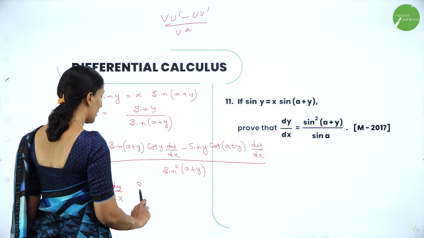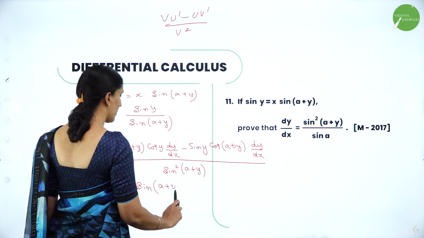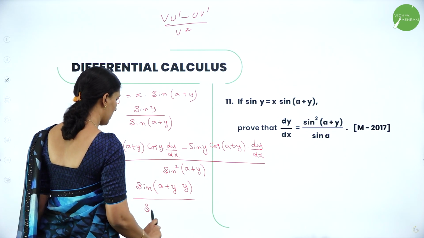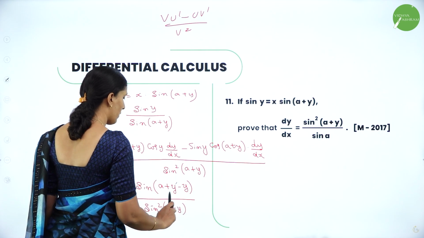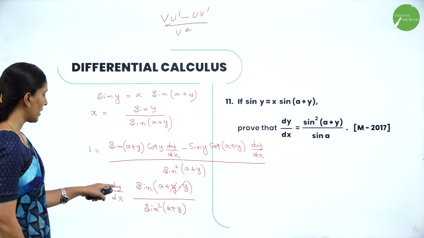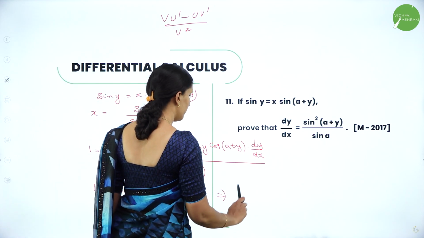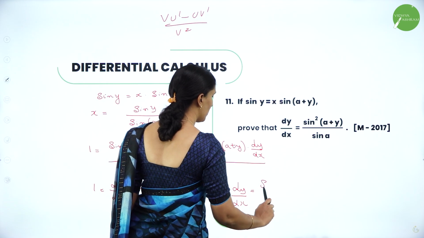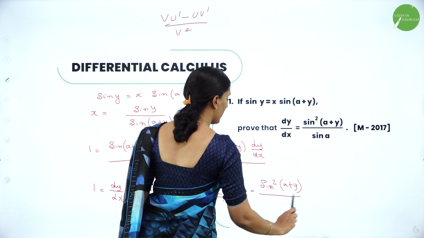So therefore here I will get sin of a minus b whole divided by sin square a plus y. So y and minus y get cancelled. Keeping dy by dx here and cross multiply, we will get dy by dx is equal to sin square a plus y divided by sin a.